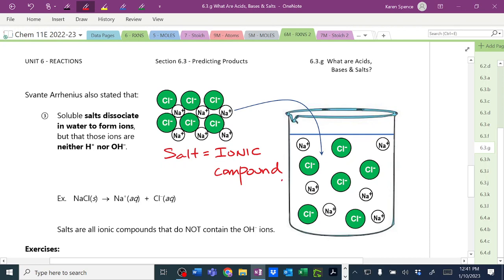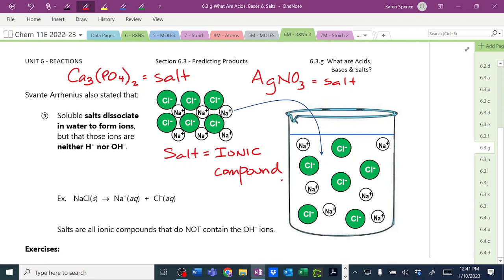So there is NaCl, but I could give you AgNO3, and that would be a salt. I could give you Ca3(PO4)2, and that would be a salt. Any ionic compound that is not a base, that does not contain hydroxide, is a salt.